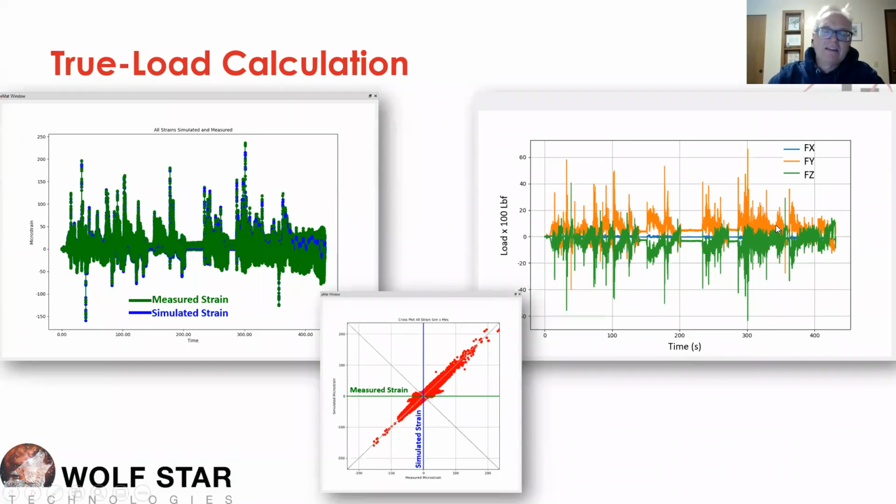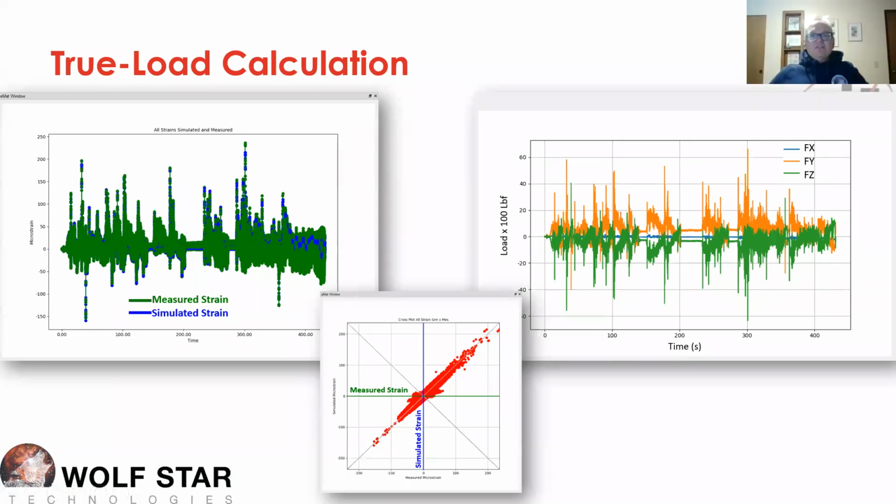And then again, like I showed before, now that we've got the loads, TrueLoad automatically goes into the FEA model and pulls out simulated strains of the gauges and plots those up in blue. So the green curves are measured, the blue are simulated, and we've got the measured strain versus simulated strain cross plot, and we're getting excellent correlation here.